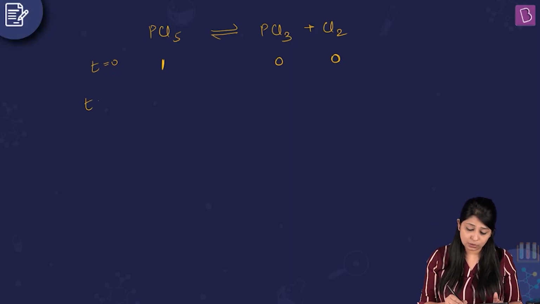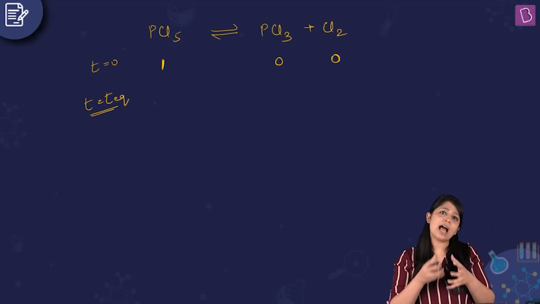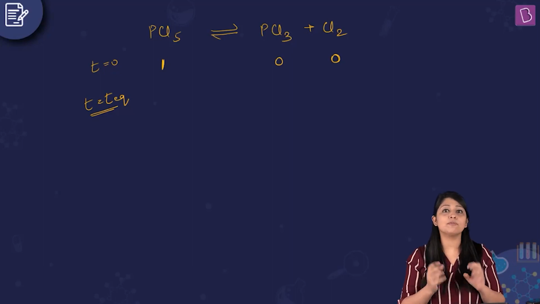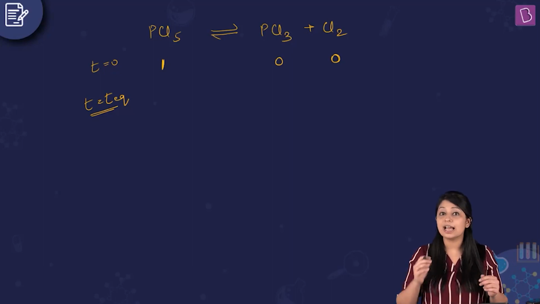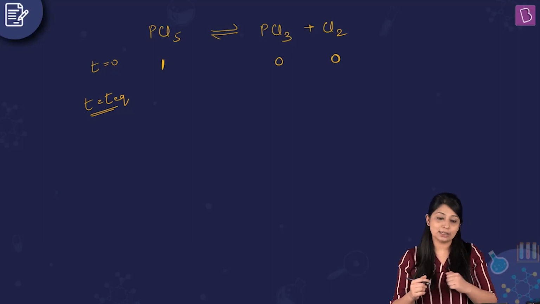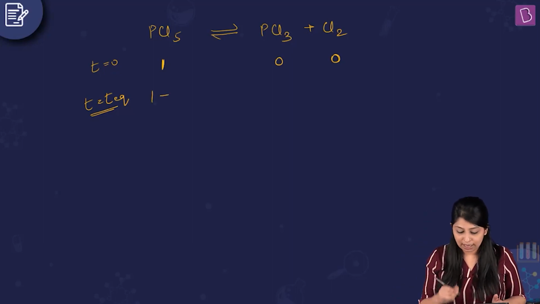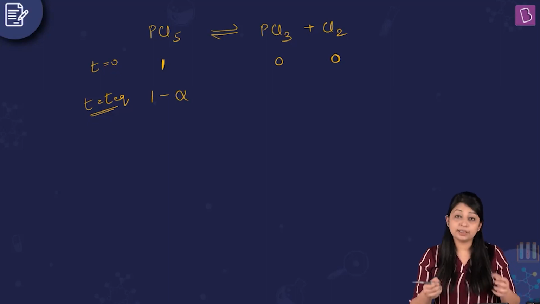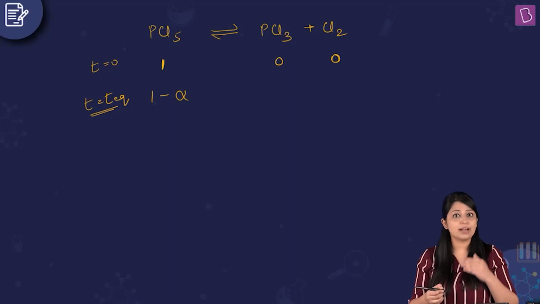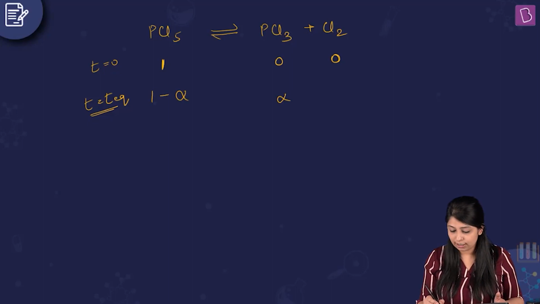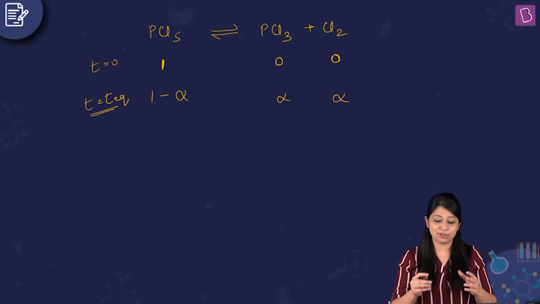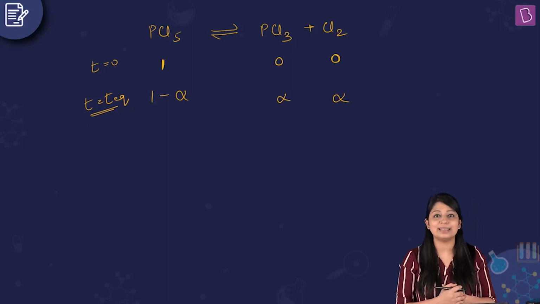At T equal to T equilibrium, what is going to happen? Well, a fraction of that 1 mole of PCl5 is going to dissociate into PCl3 and Cl2. We write it as 1 minus alpha would be the number of moles of PCl5 at equilibrium, and alpha would be the number of moles of PCl3 and Cl2 at equilibrium.